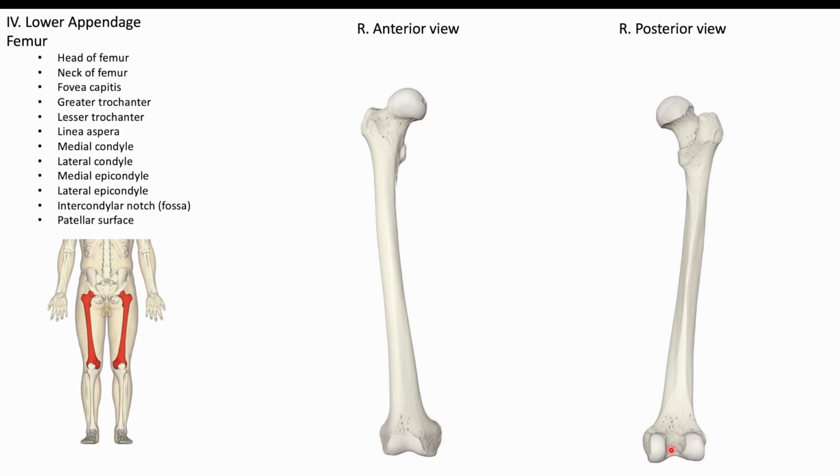Some of those ligaments are also attached to the medial and the lateral epicondyle as well. And then again, this is the patella surface where your patella, which is your kneecap bone, is going to attach.